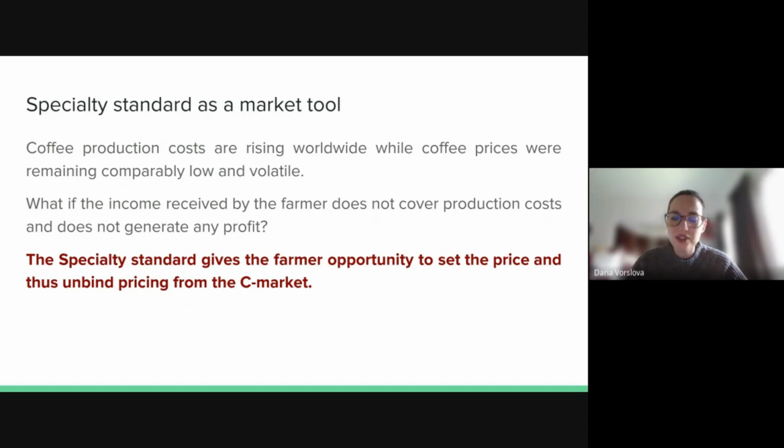They're like, wow, this is insane, this is crazy. But it's actually probably now, historically, the point where the C market reflects the cost of production for the farmer. It's not something crazy, it's something that reflects the current reality of the farmer.